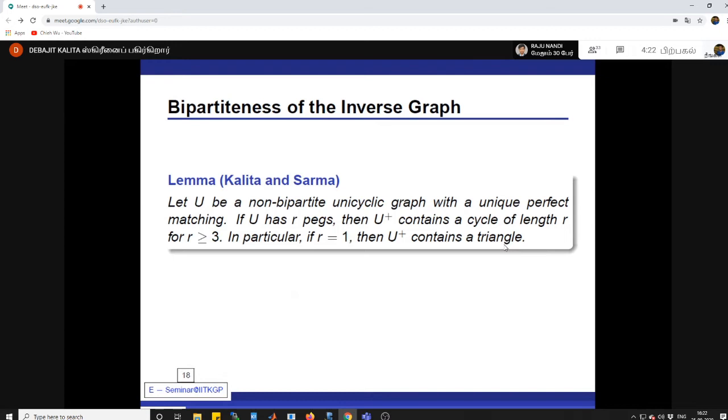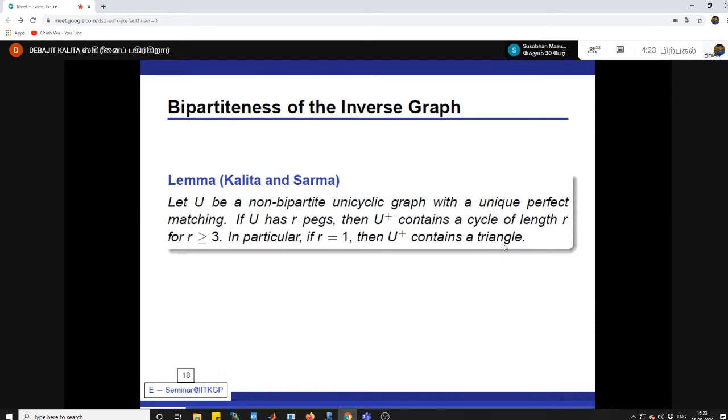Now, the most natural question one can ask is: you are taking a non-bipartite unicyclic graph and discussing its inverse, so the natural question that comes to mind is whether its inverse graph is also non-bipartite, or can it be bipartite sometimes.